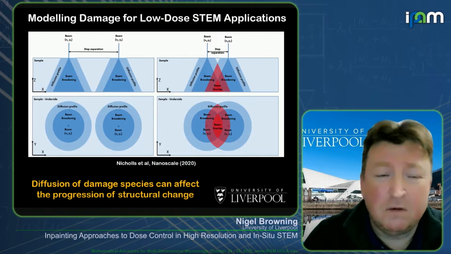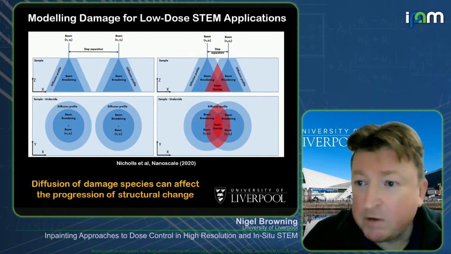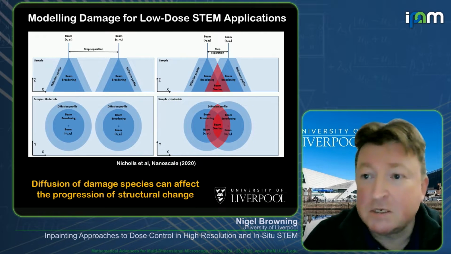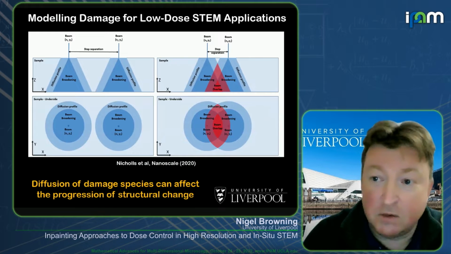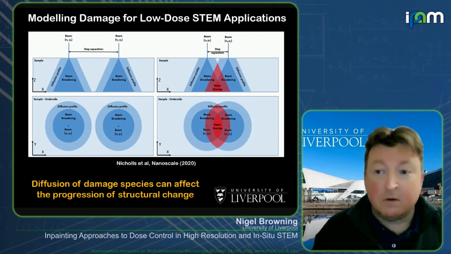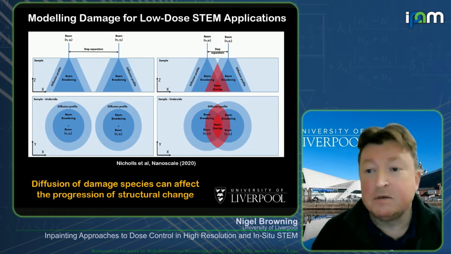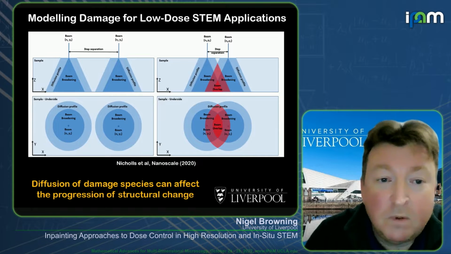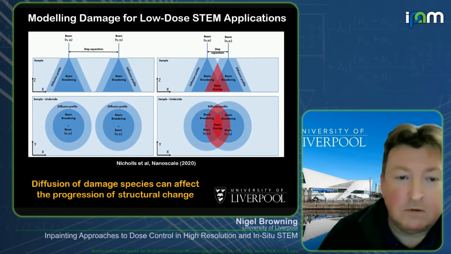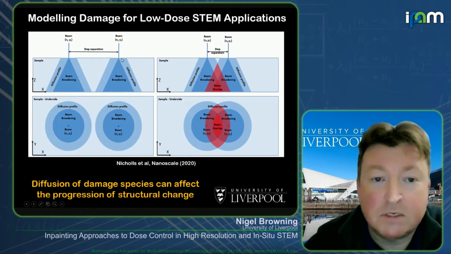But we can think of the damage that happens in an electron microscope as there is a primary event that takes place when the beam hits the sample. Not all will damage, but when it does, it nucleates from a point, and then it diffuses out through the sample. And so we get diffusion away from a point. Now, when we have a step separation in the STEM, then we will go from one point, which we have over here on the left-hand side, to another point at some distance away.